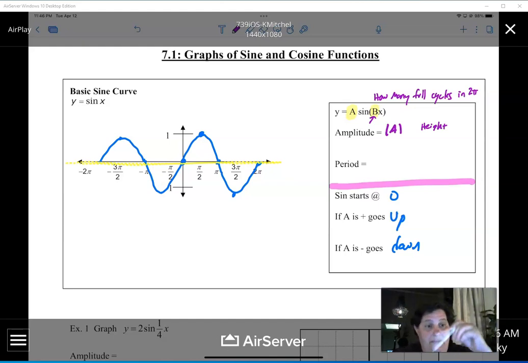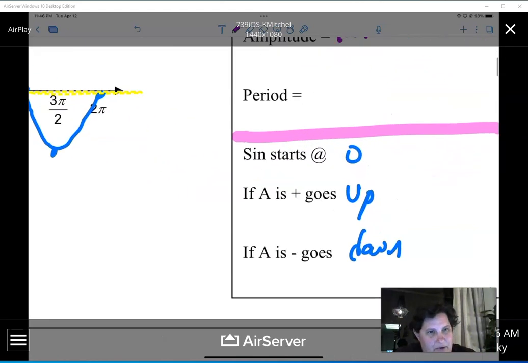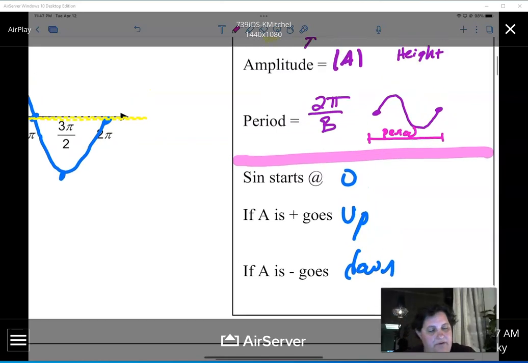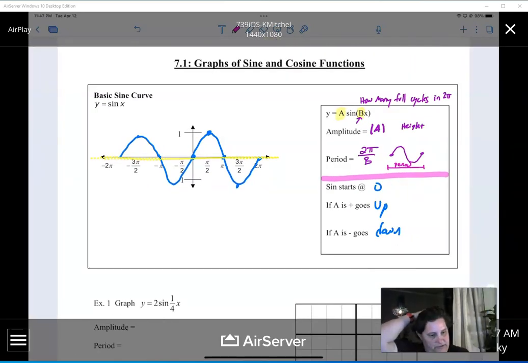If B was 12, it would make 12 cycles in a 2 pi period. But here's what's a little bit easier that I want you to remember for the period: 2 pi over B. That's your period. That's one full sine function, and one full sine function goes 1 up, 1 down. That is called the period.